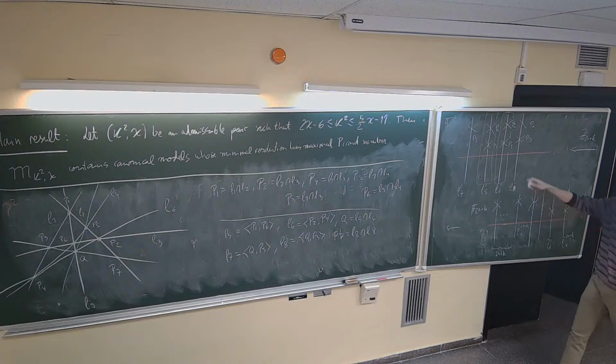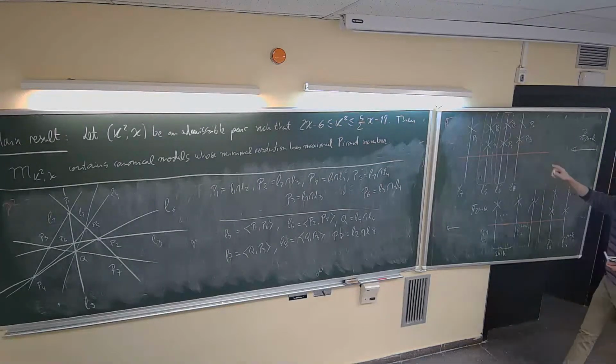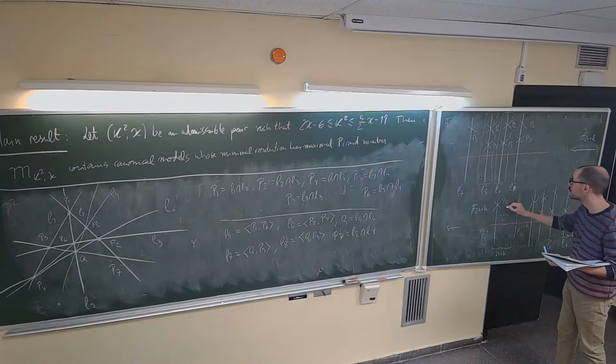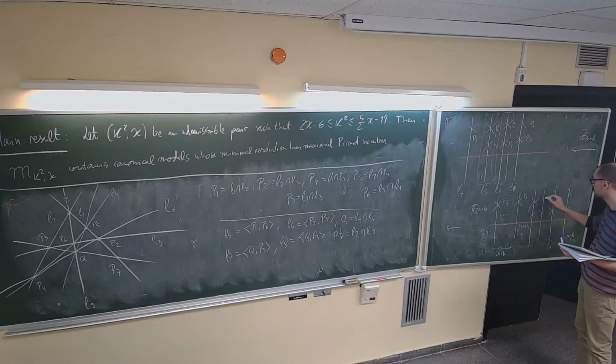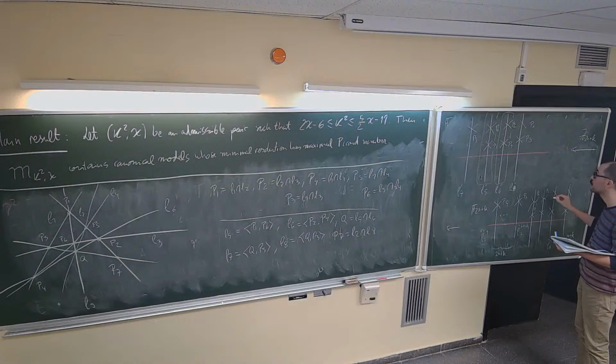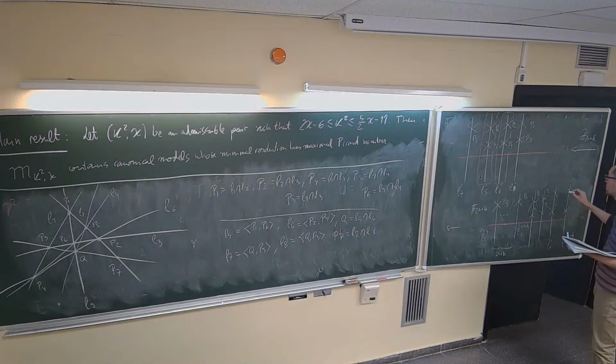Here they were transversal, but now because of Persson's trick, we will get some tangencies, which I represent this way. So this is P5, this is P6, P1, P2, P4.